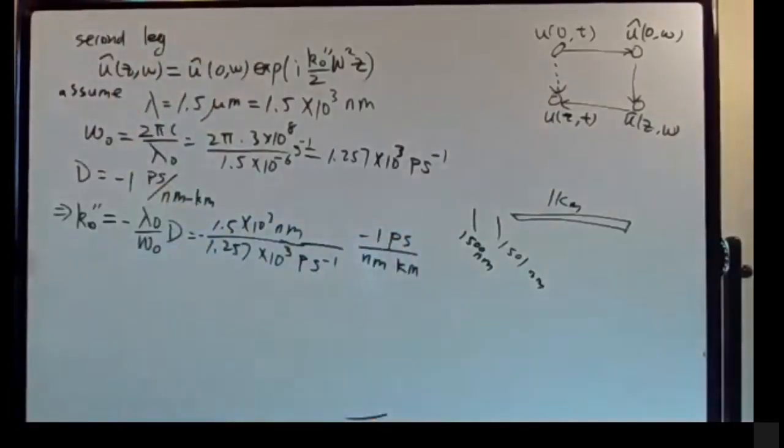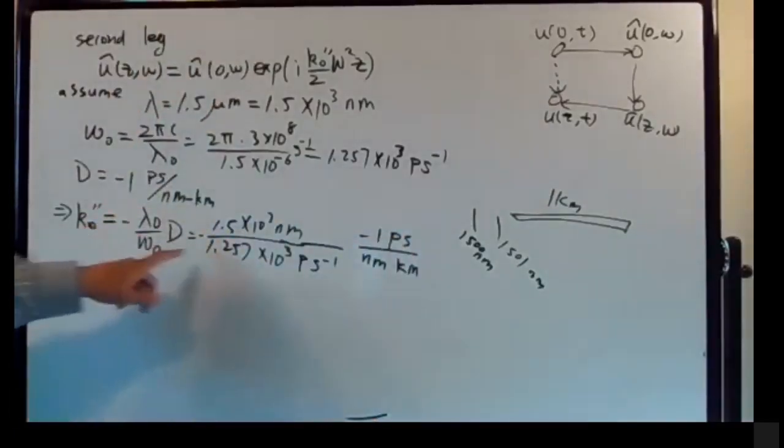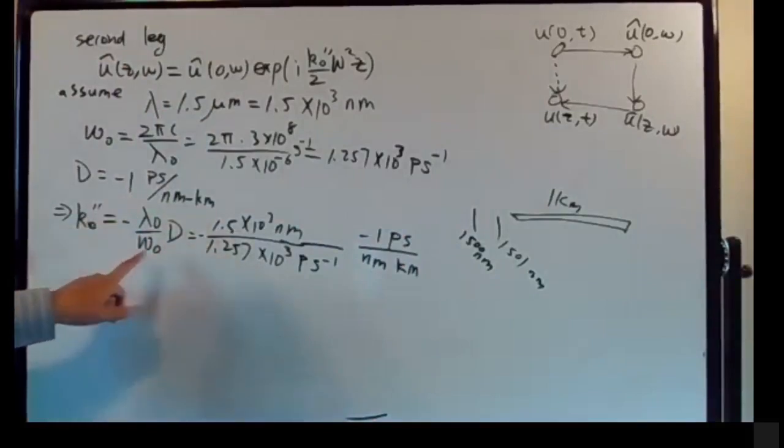So that's negative lambda over omega naught times D.